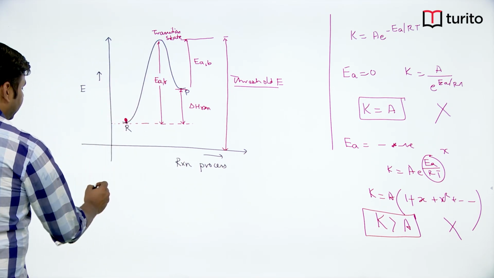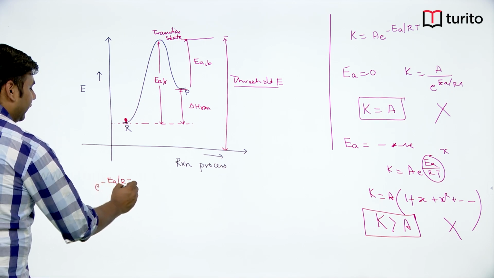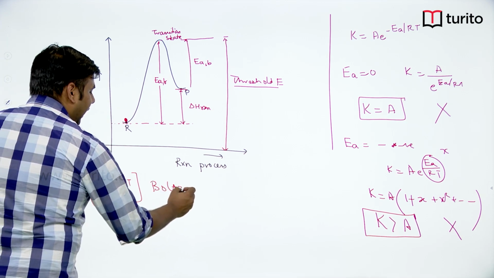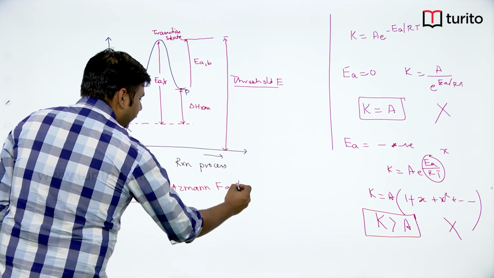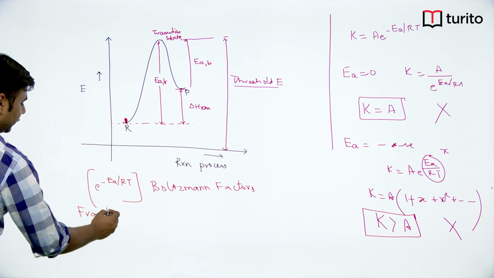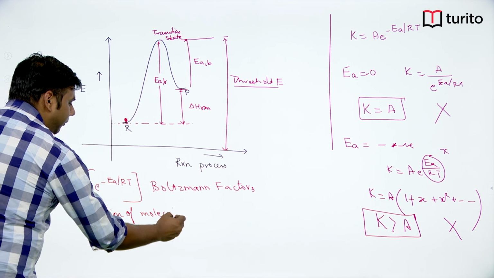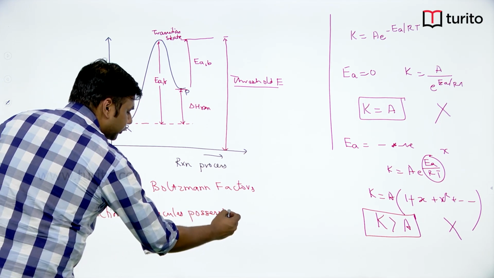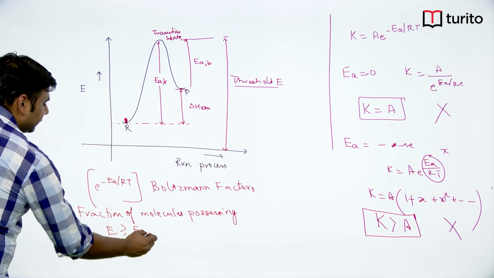And we have already discussed that e raised to power minus Ea by RT is called the Boltzmann factor. It represents the fraction of molecules possessing energy greater than or equal to activation energy.